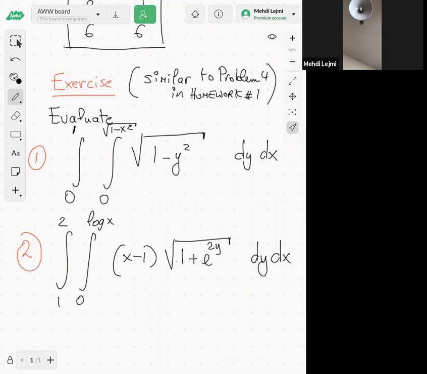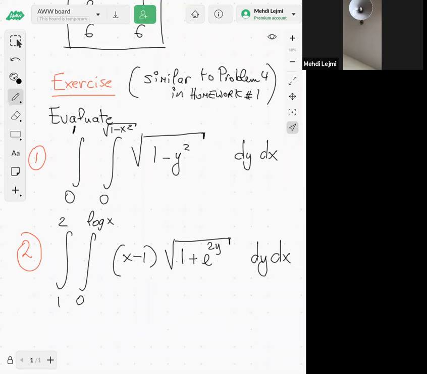So in the homework, guys, you have four different problems. The first problem is just double integrals, and it should be easy to integrate. In problems two and three, you have to find the area of some region bounded by graphs of functions.